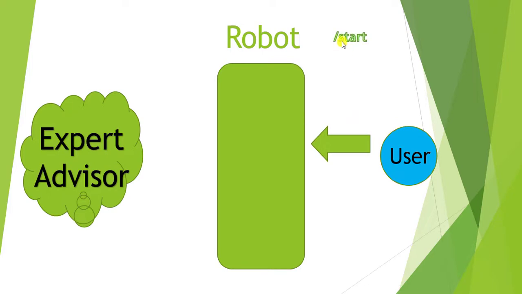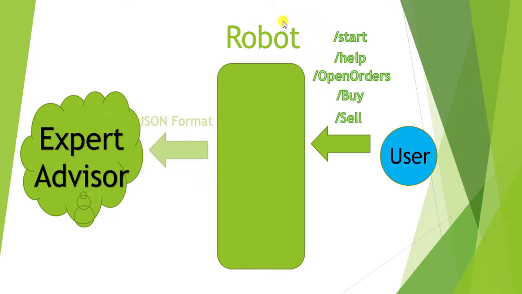For example, the start command, help command, open orders (how many open orders we have), or send a buy, or send a sell. Basically we call them commands, and we use this backslash for sending the commands, and the robot sends these commands in the JSON format, which stands for JavaScript Object Notation, to the expert advisor.